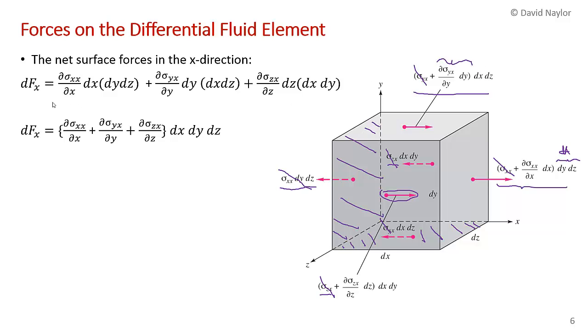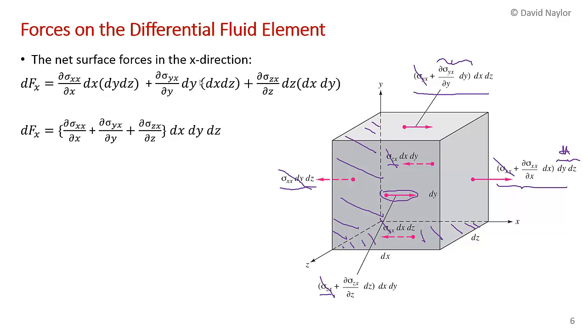And so you'll see over here that the net force in the x direction is just ∂σxx/∂x dx times the area dy dz, plus ∂ of the stress on the y face in the x direction with respect to y, times the differential distance dy times the area, plus the stress on the z face in the x direction.